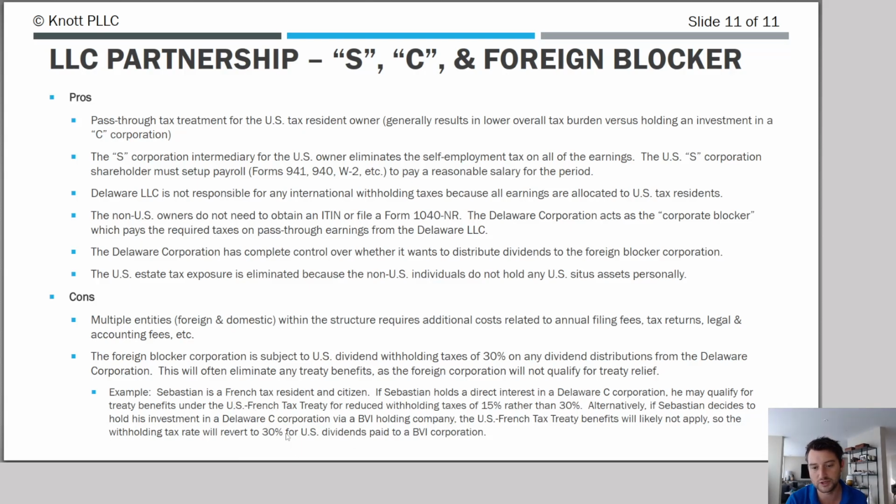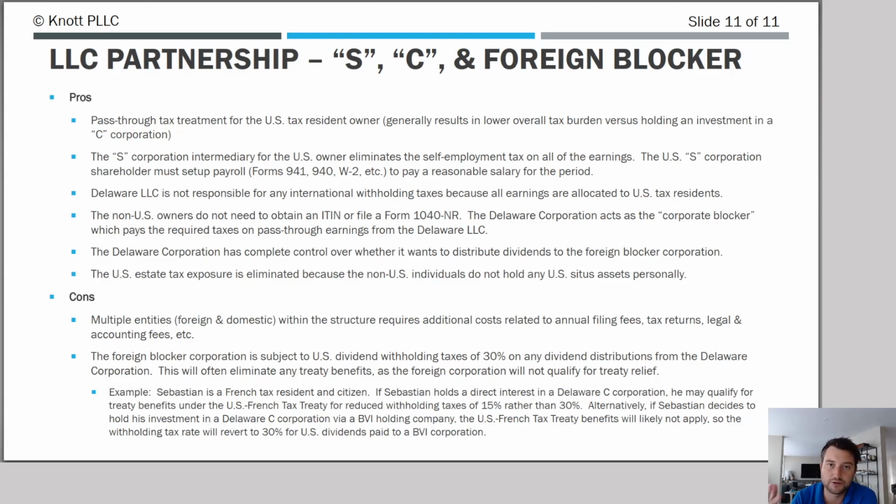So this example for Sebastian here is a good way to illustrate the point. So Sebastian is a French tax resident and citizen. If Sebastian were to hold a direct interest in that Delaware C Corp, he might qualify for benefits under the U.S.-French treaty, right? And under that treaty, the withholding tax rate on dividends going from a U.S. C Corp to a French citizen resident is going to be 15% and not 30%.